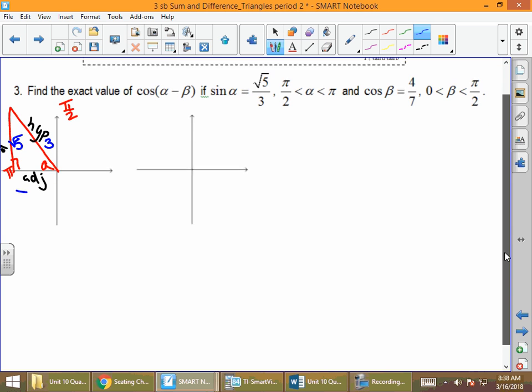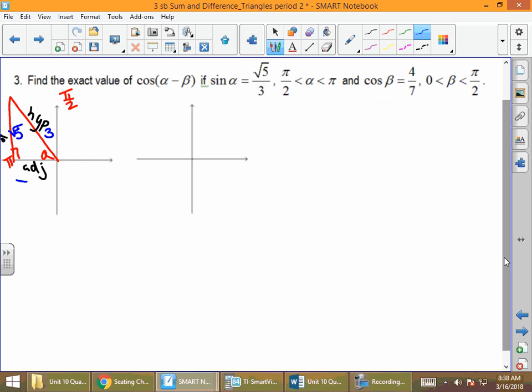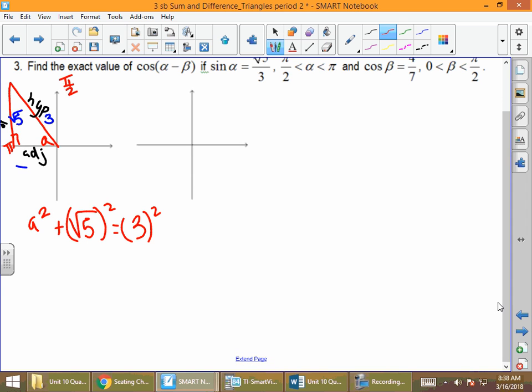And this one here, we're going to have to use Pythagorean theorem. It's a squared plus the square root of 5 squared equals 3 squared. A squared plus b squared equals c squared. Well, square rooting and squaring are inverse operations, so we get a squared plus 5 equals 9. 3 squared is 9.